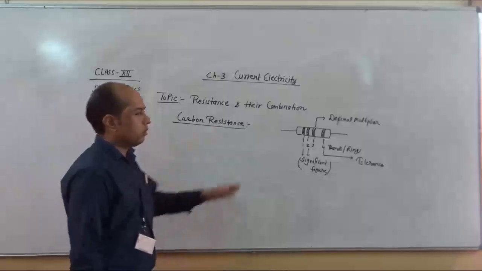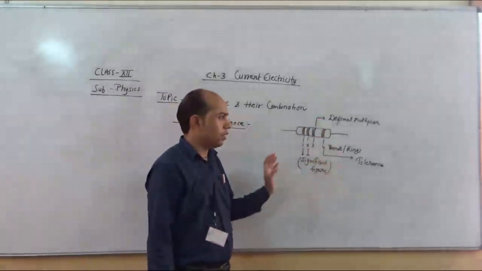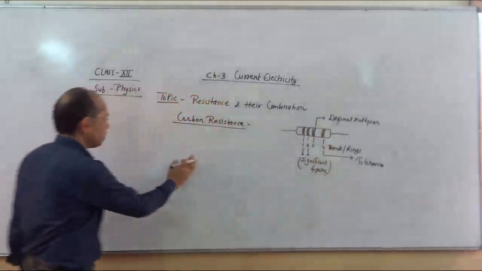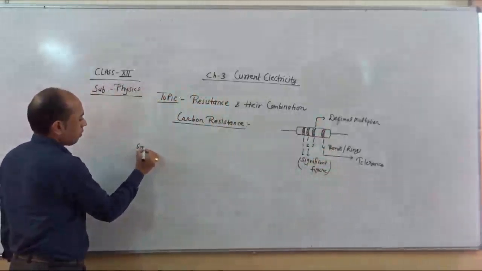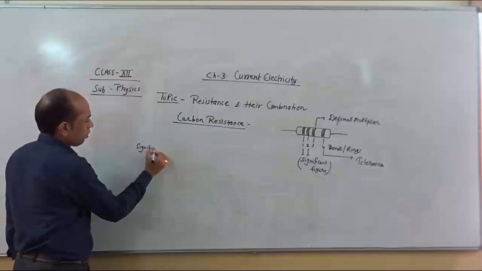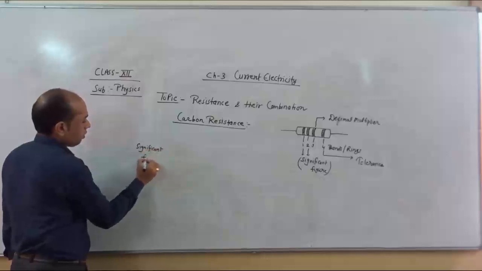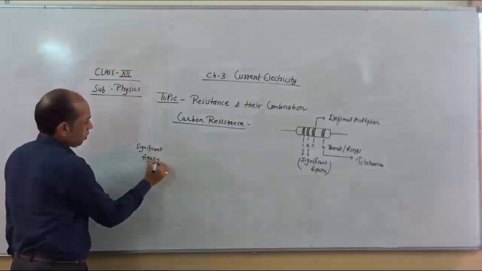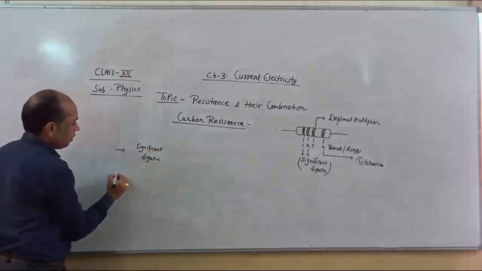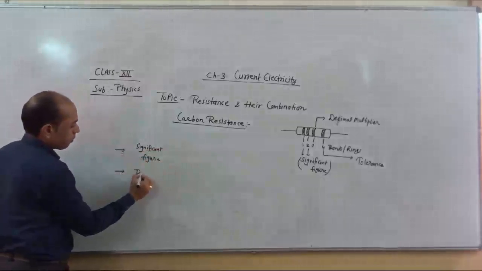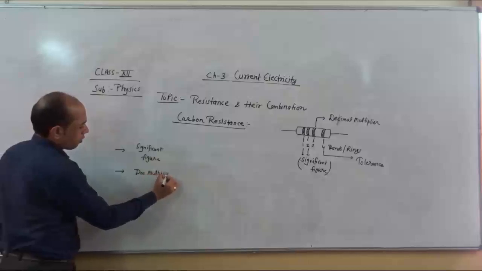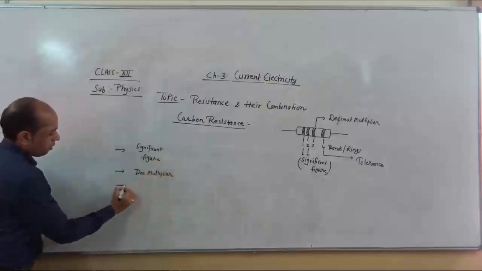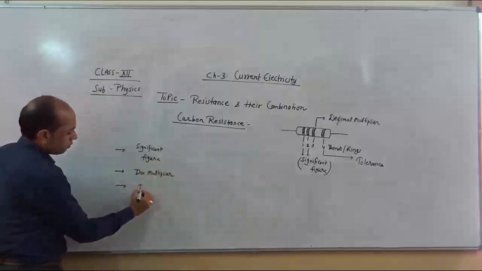So this is the way to calculate the resistance. Now we see what the significant figure is, what the decimal multiplier is, and the third one, tolerance.